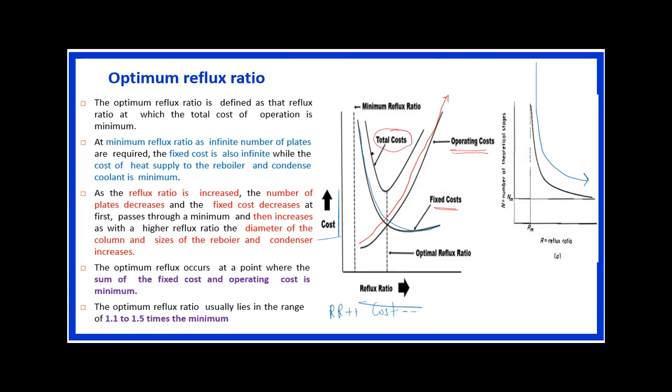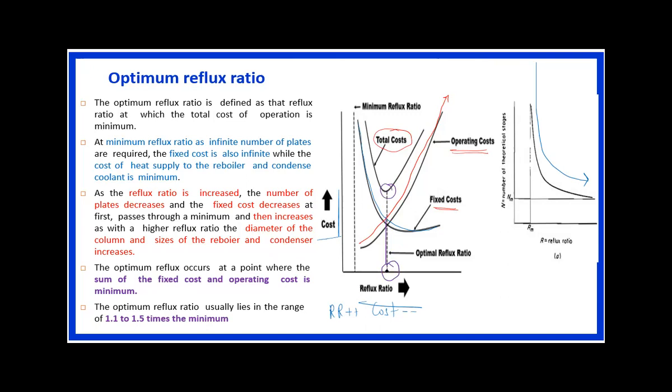So the graph of total cost is like this. If you observe the total cost graph again, the minimum point of this total cost clearly indicates the minimum costing condition, that is the economical one, and the corresponding reflux ratio for this minimum total cost is the condition of optimum reflux ratio.